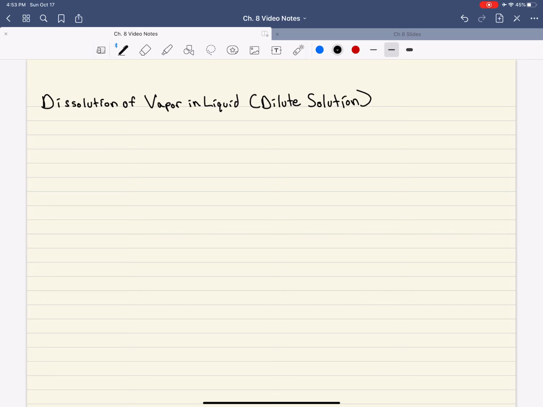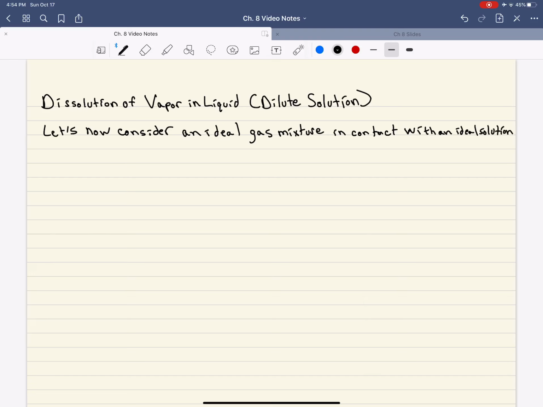Now that we've established frameworks for analyzing both ideal solutions and ideal gas mixtures, we're going to look at the case where we have an ideal gas mixture in contact with an ideal solution. Consider a mixture in contact with an ideal solution.